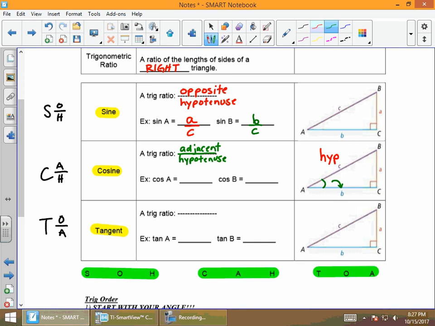So that is leg B divided by the hypotenuse, which is still C. All right. And if I want to find the cosine of B, here's angle B. The adjacent leg is right over here. It's the one that's touching it. That's A divided by the hypotenuse, which is C.